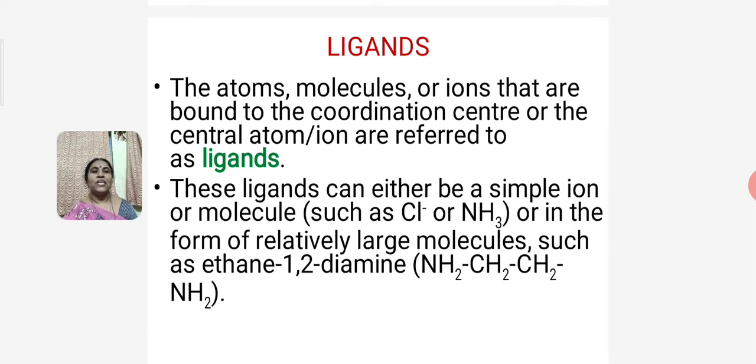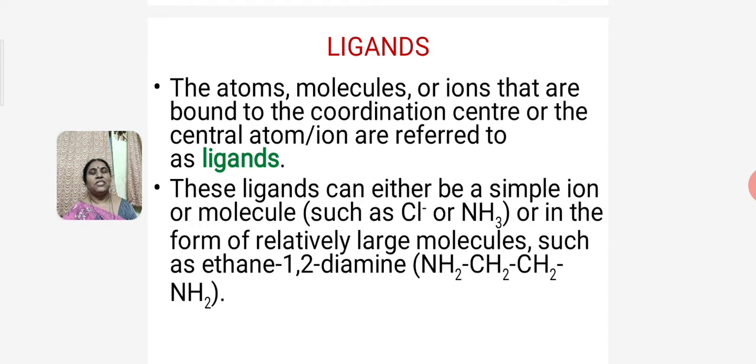Ligands. What are ligands? These are the atoms, molecules or ions that are bound to the coordination center or the central atom or ion. These ligands act as electron pair donors and therefore act as Lewis bases. These ligands can be either a simple ion or a molecule.